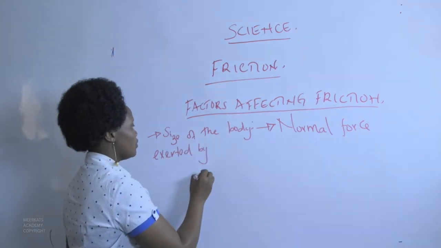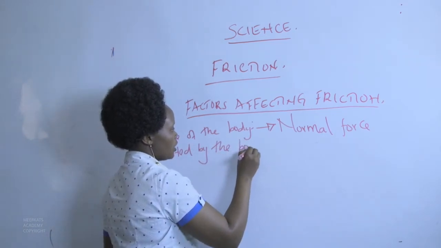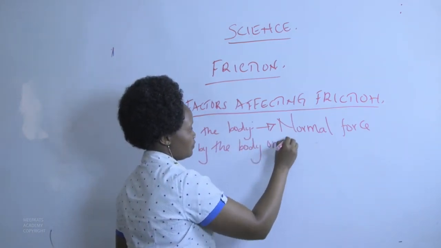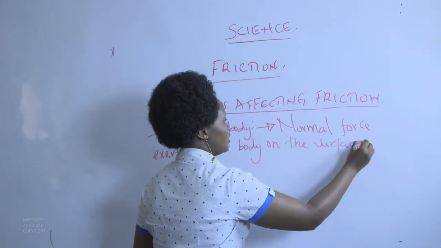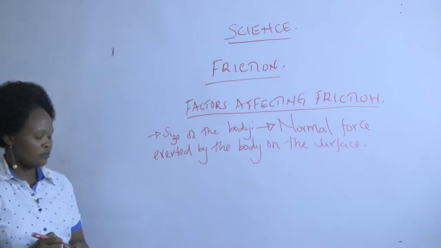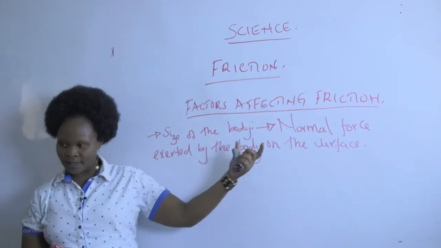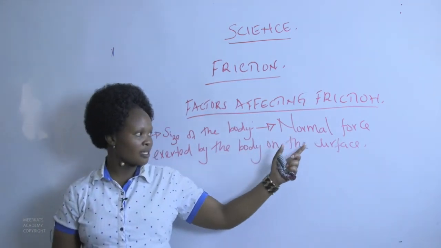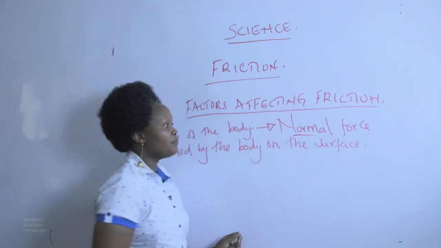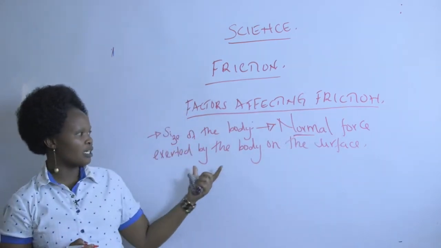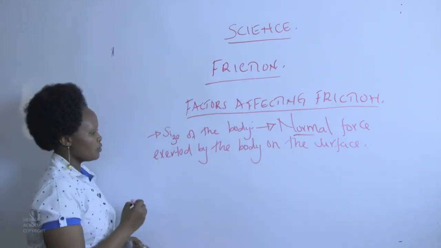The normal force exerted by the body on the surface. Size of the body translates to mass, and the mass gives us an idea of the normal force that is going to be exerted by this body on the surface in question.